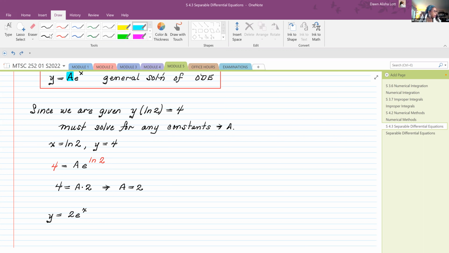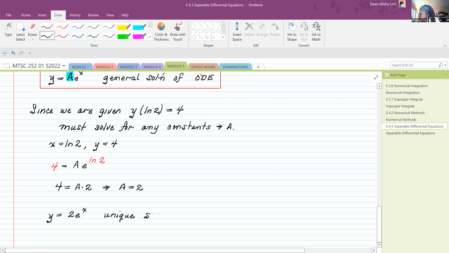All right, and this is our unique solution. Okay, so now we have a unique solution to our differential equation.